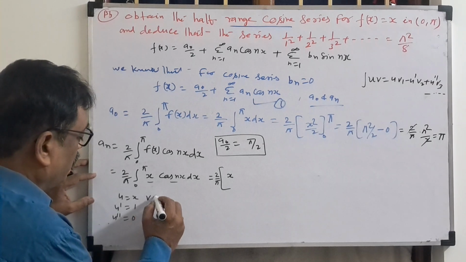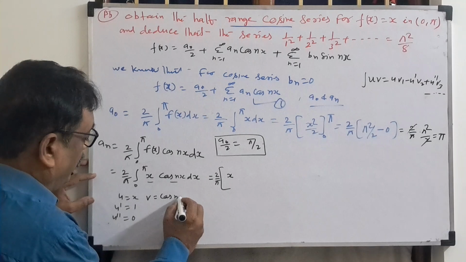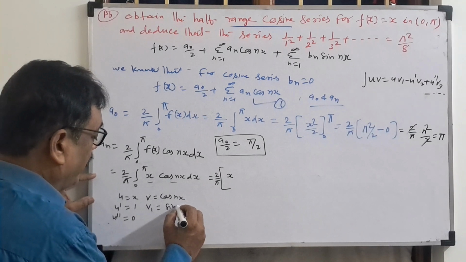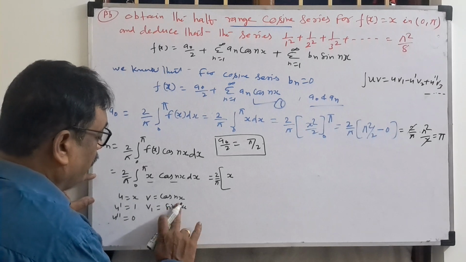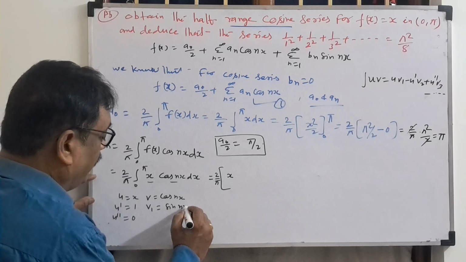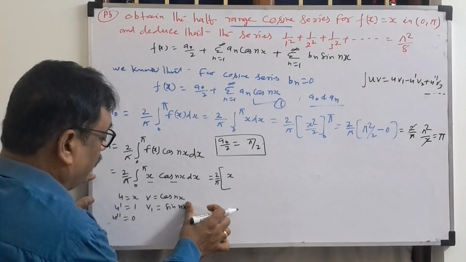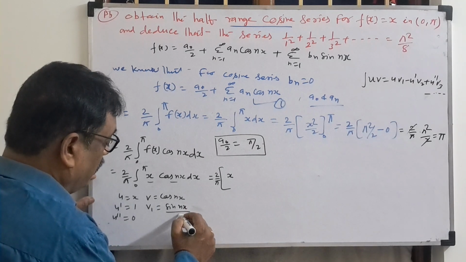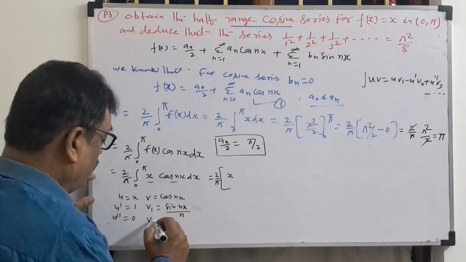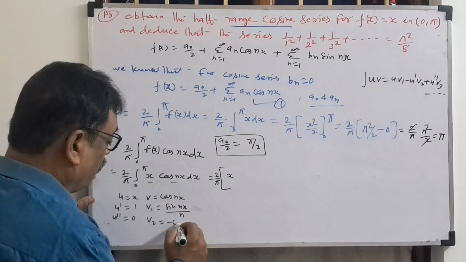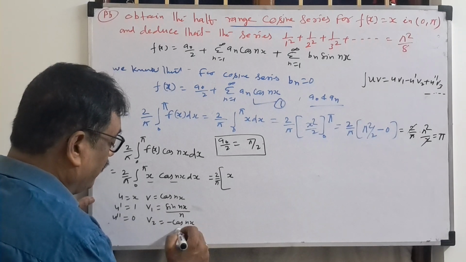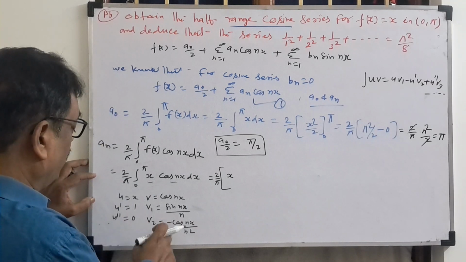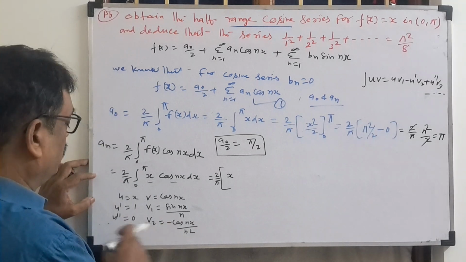Then v is equal to cos nx, v1 is equal to sine nx by n, since integration means dividing by the derivative of the argument. v2 is equal to minus cos nx, again one more n will come, n square. So u dash is 1, u double dash does not exist, so v3 is not required.